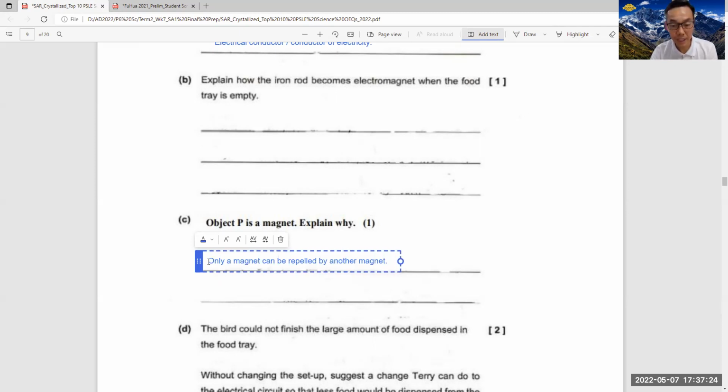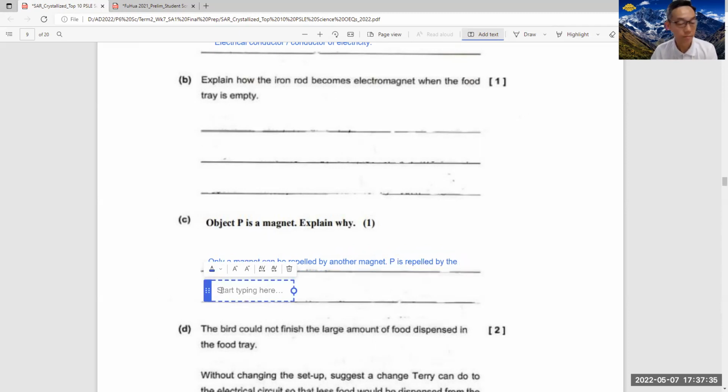So actually you can say P is repelled by the electromagnet. Only a magnet can repel.